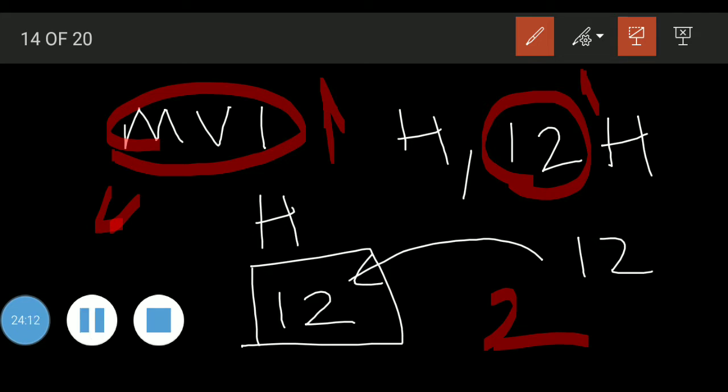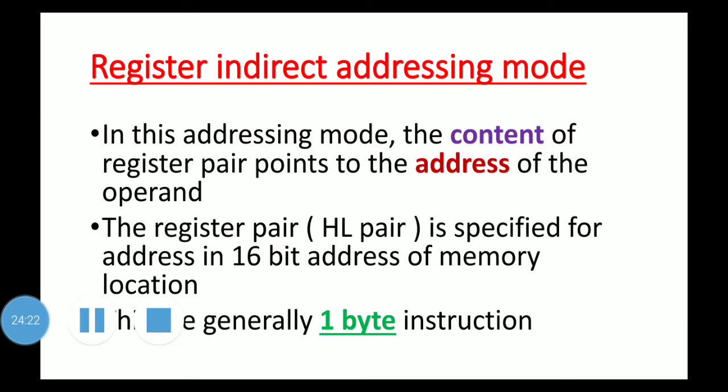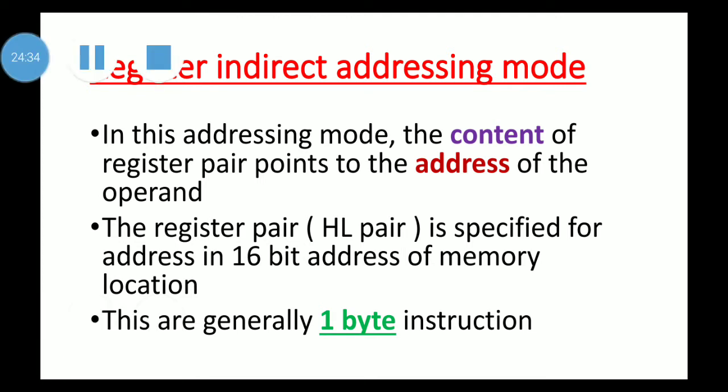Now the next type of addressing mode is register indirect addressing mode. In this addressing mode, the content of register pair points to the address of the operand. The register pair, consider HL pair, is specified for the 16-bit address of memory location.